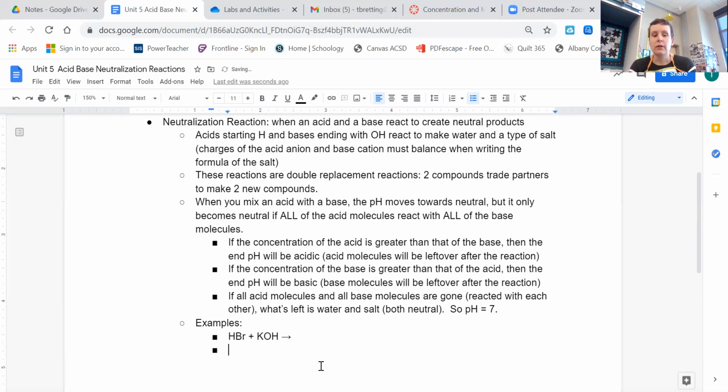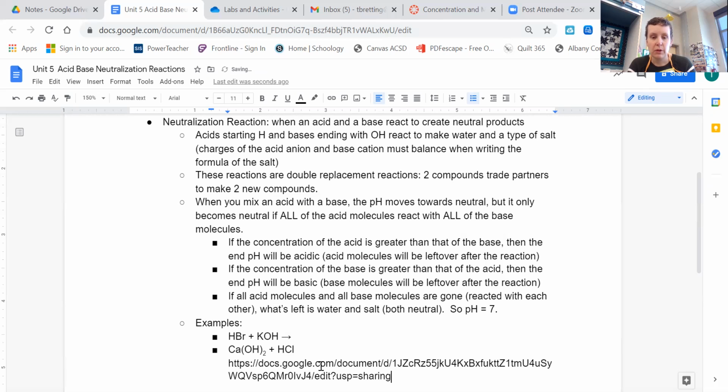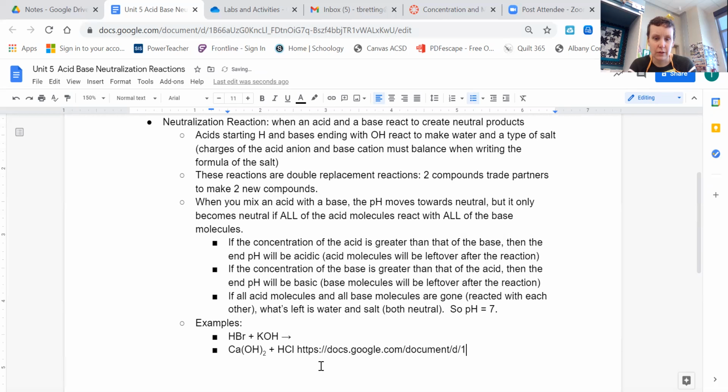Second example, Ca(OH)2 plus HCl. Put my little arrow in there. Whoops. Meant to copy the arrow. All right. That's our second reaction.